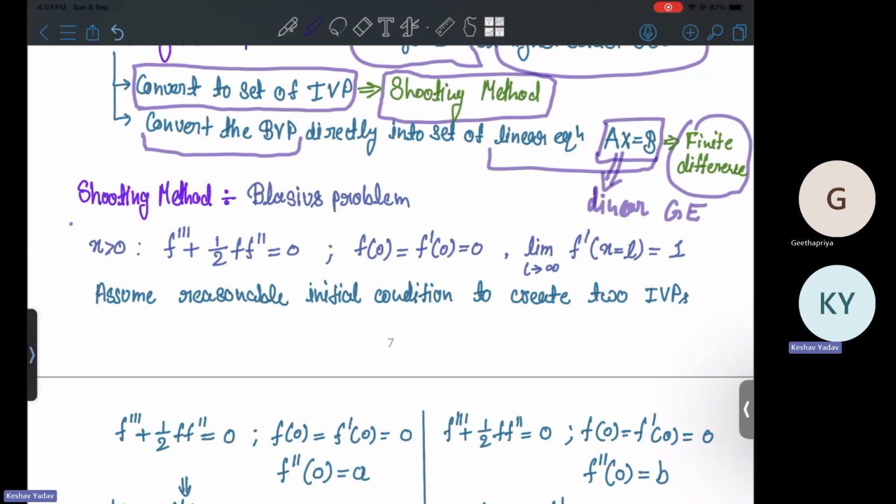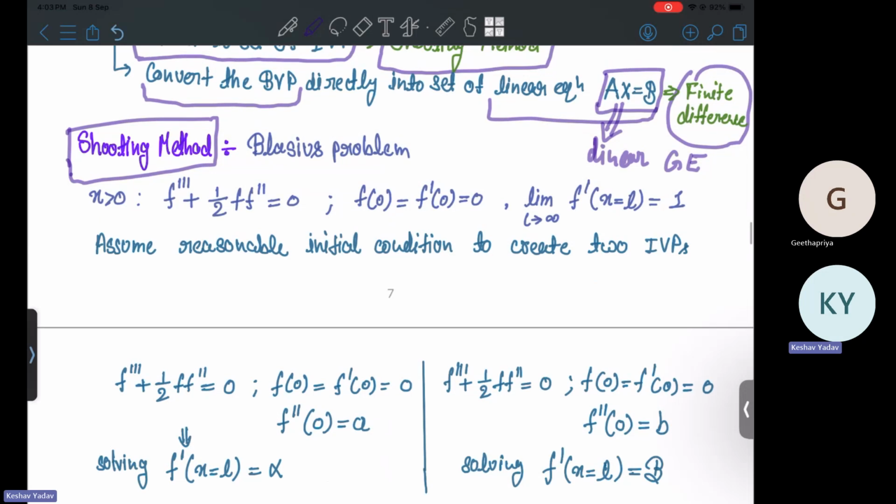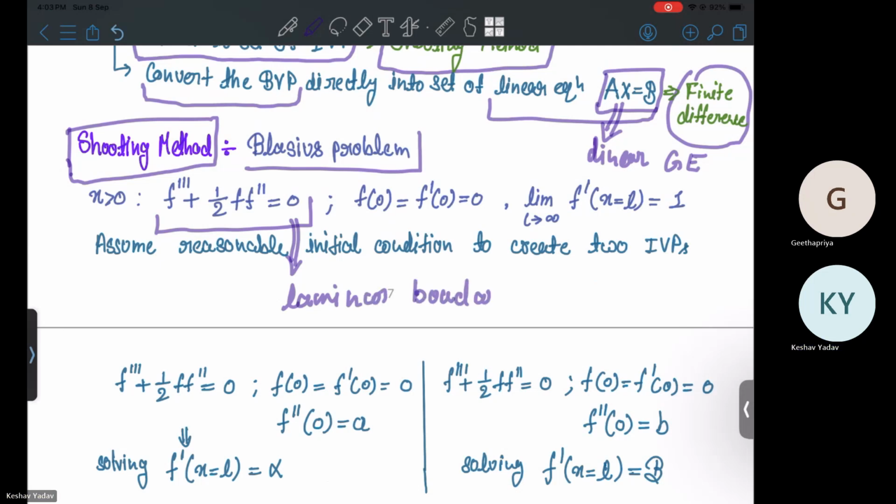Now we'll see the first method, converting the boundary value problem into an initial value problem, that is known as the shooting method. Let us see one problem, that is the Blasius problem. This is the differential equation that comes when we solve the laminar boundary layer over a flat plate.